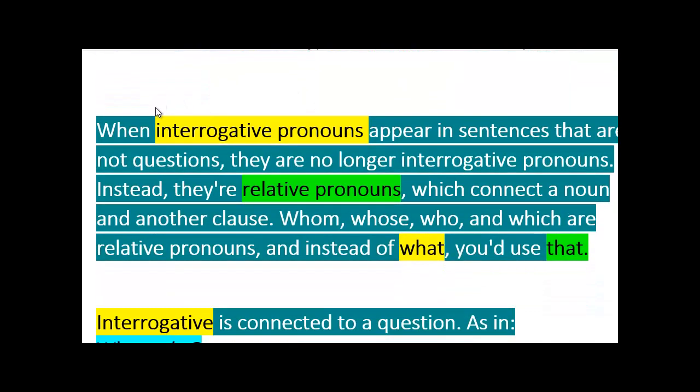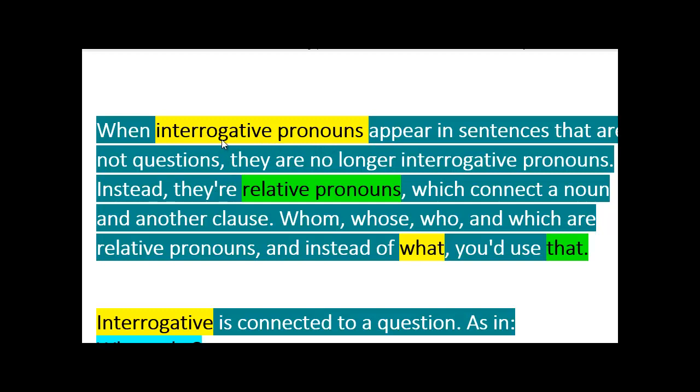Here is a point that we need to notice. When interrogative pronouns like when, what, like asking a question, appear in a sentence that is not a question, you're not asking a direct question, they are no longer interrogative. You're not asking, they lose their identity, so they're not interrogative anymore.